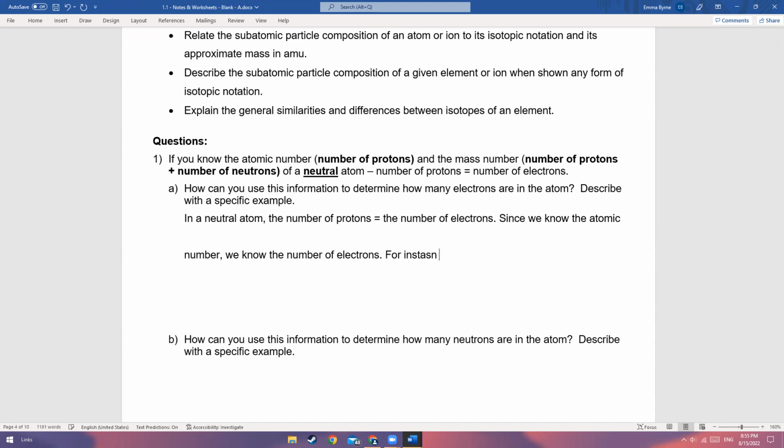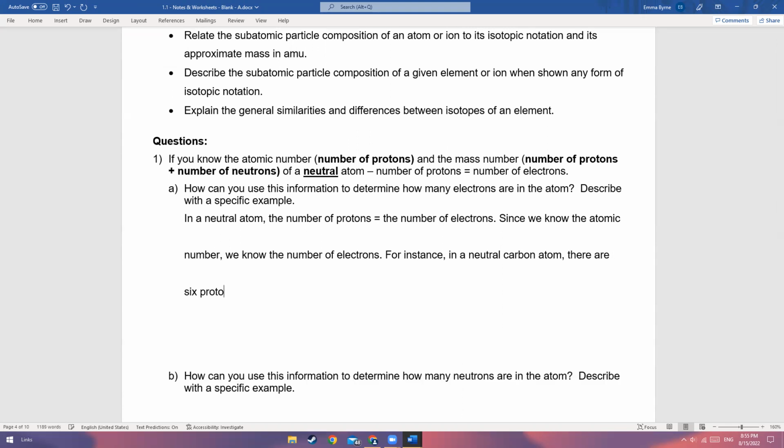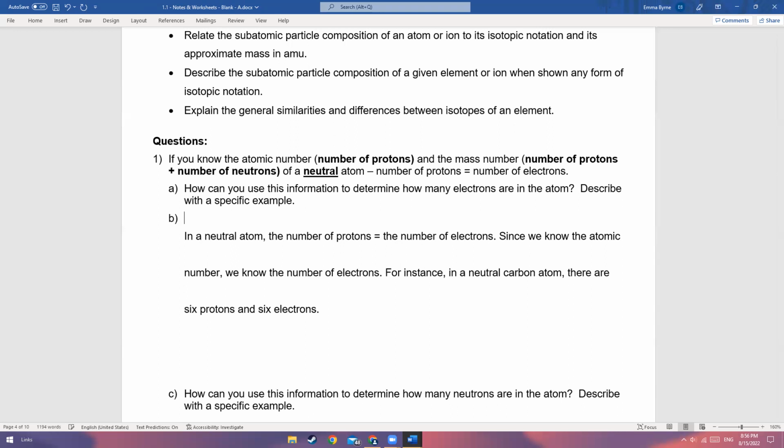For instance, because they want us to give a specific example here, in a neutral carbon atom, there are 6 protons and 6 electrons. So that summarizes our answer here for A.